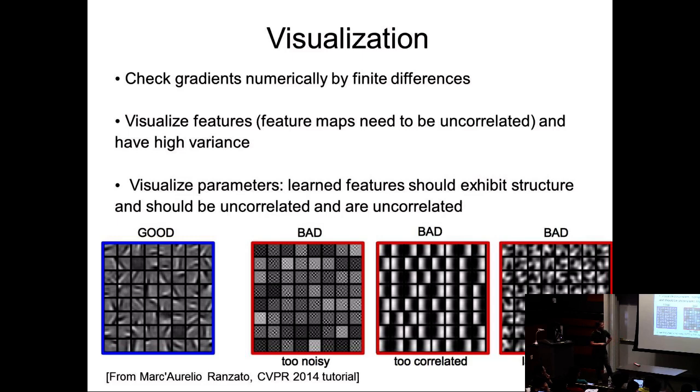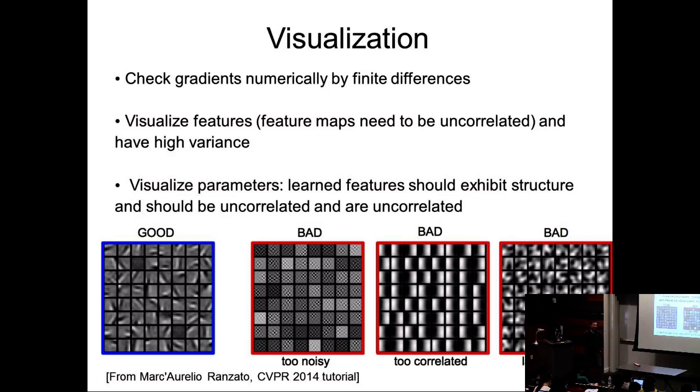So you're detecting edges at different orientations. And this would be a bad structure, right? It's either too noisy, it doesn't really capture anything, it's just detecting some garbage typically, or there's some lack of structure, which is just some random patterns.